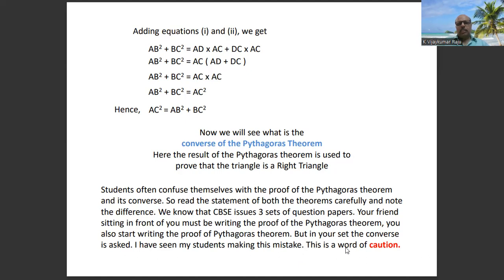So that's why, before I start proving this theorem, I give you this word of caution. Please be careful. Otherwise, you see that your friend is doing it and you also start doing it and it could be a big blunder. So make sure that you read the statement and clearly know whether they want you to write the Pythagoras theorem or the proof of the converse of the Pythagoras theorem.